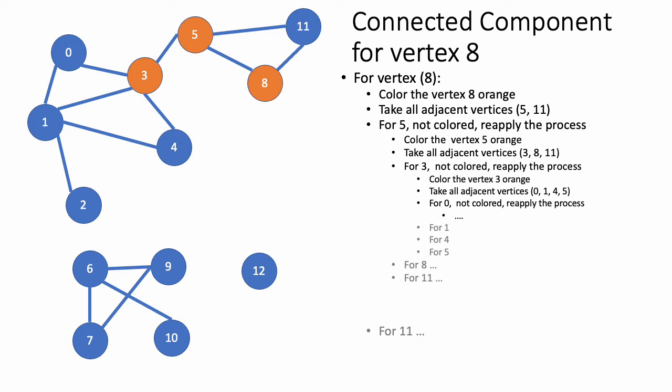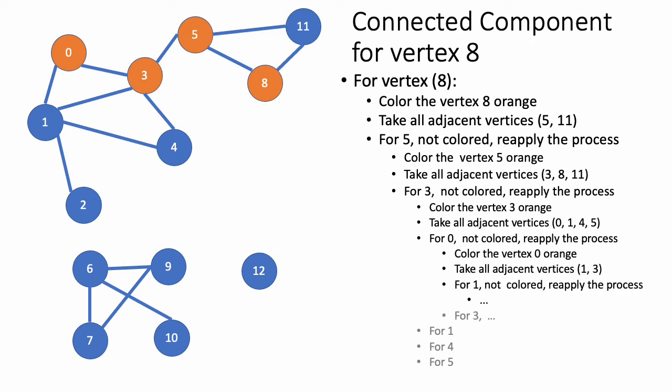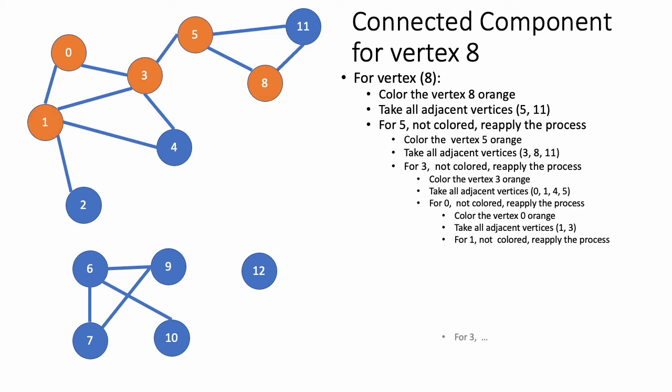And again, this 0 is not colored, so we'll be able to reapply the process for 0. So now we colored the vertex 0 orange, and we take the adjacent vertices, which are 1 and 3, and let's go first with 1, which is not colored, so we reapply the process.